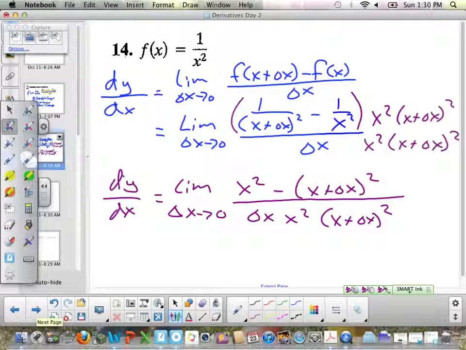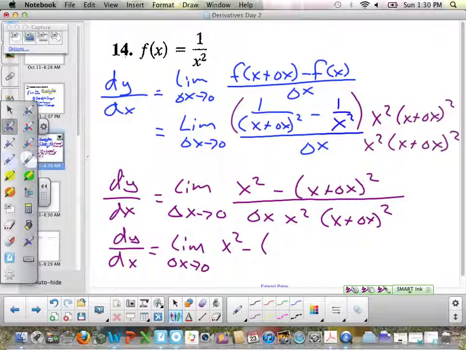All right, do a little simplifying. The first simplifying you should do is squaring, then deal with the subtraction in the numerator. I always leave the bottom alone on these complex fractions. So I will square first. So we got x squared minus, and we square that x plus delta x times x plus delta x.